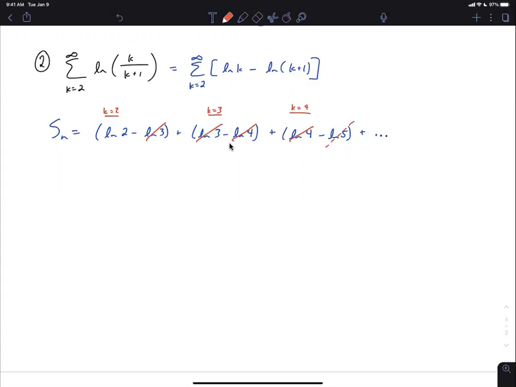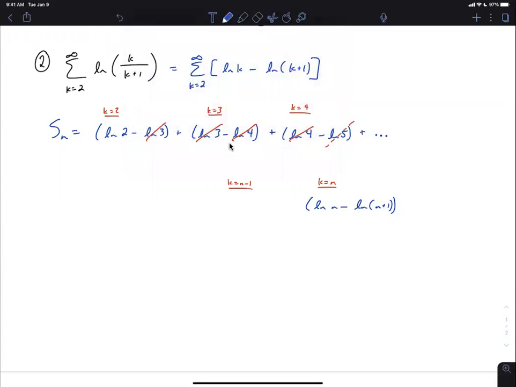Does that make sense? Okay, so now we go to k equals n, which is the last term in the series, or the last term in the partial sum. So k equals n. That gets us natural log n minus natural log of n plus 1. And now we go backward. So we go to k equals n minus 1.